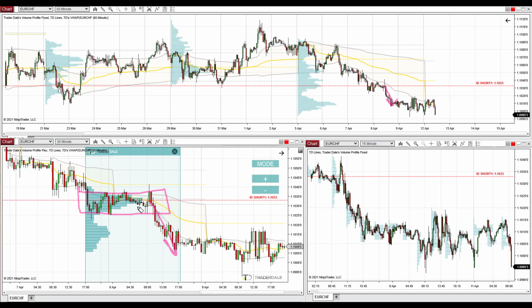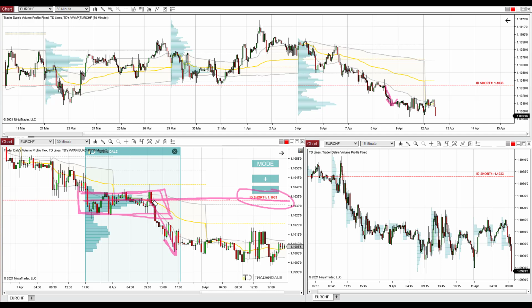So from this place selling activity started, and if you look with the volume profile into this rotation area, you'll see that there was a heavy volume cluster, heavy volumes traded in here, the point of control of this area, which means the heaviest volumes in this area were at 1.1033.